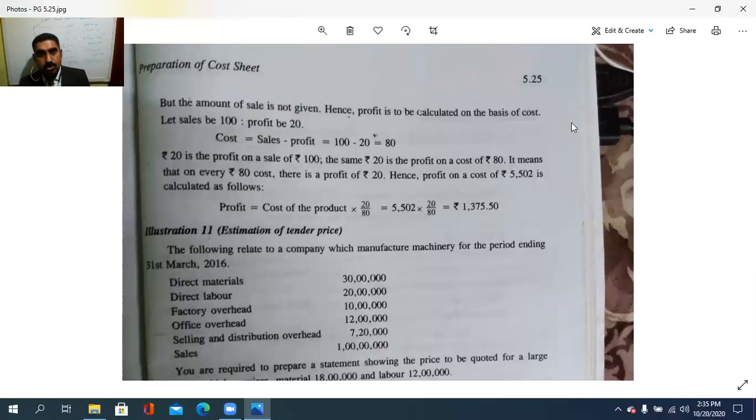Then the same rupees 20 is the profit on a cost of rupees 80. Therefore 20 by 80 into the COP. That is the calculation. So 5502, then profit is equal to 5502 into 20 by 80. So it is 1375.50.